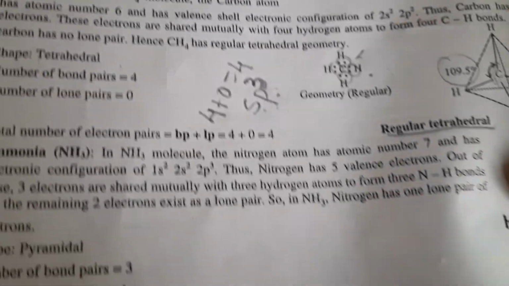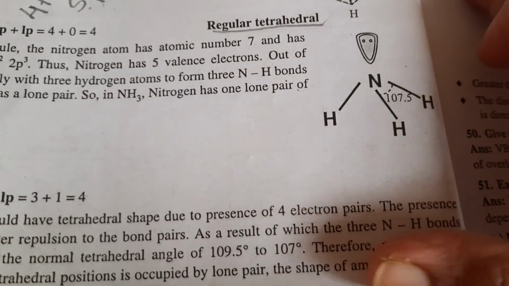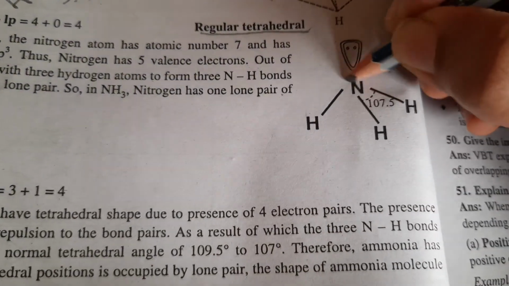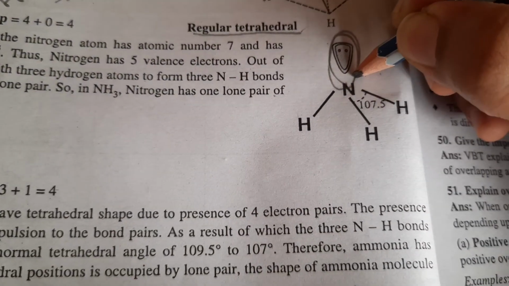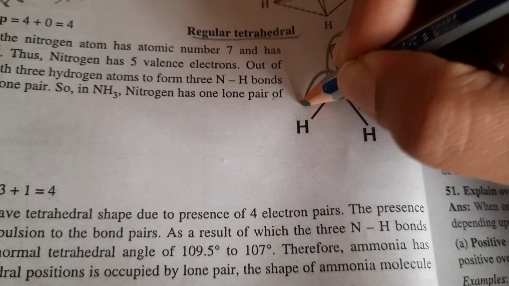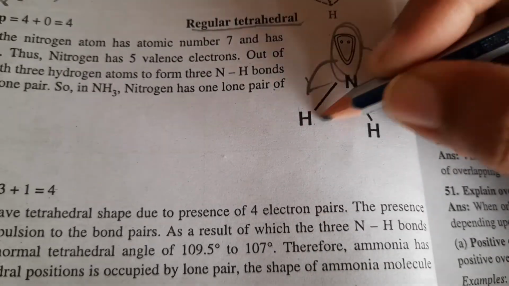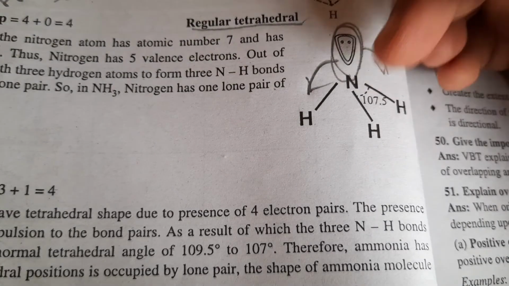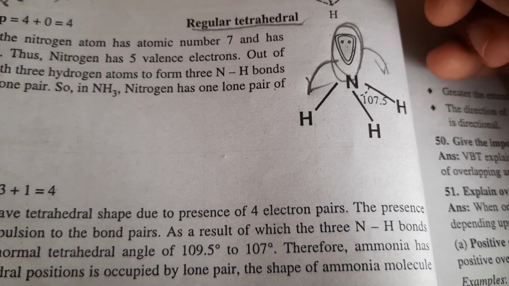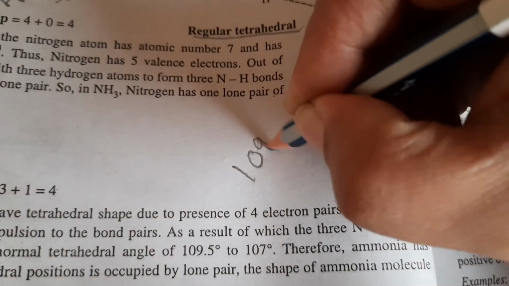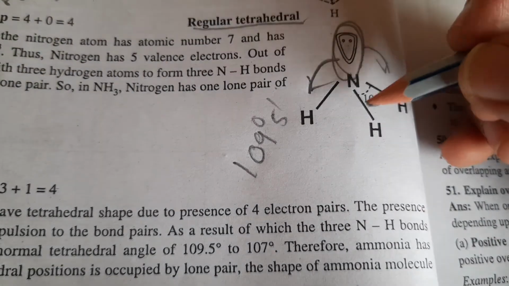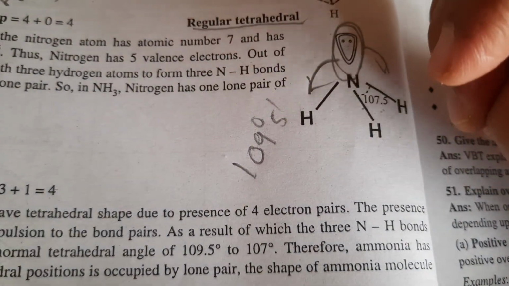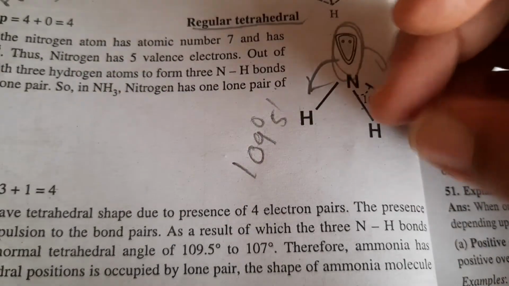Likewise, consider ammonia. See here, in the ammonia molecule, as I already discussed, there is one lone pair of electrons. Due to lone pair repulsion, the hydrogen atoms come closer to each other than in methane. Methane showed 109 degrees 5 minutes, but in this case there is a further reduction of the bond angle as they come closer.